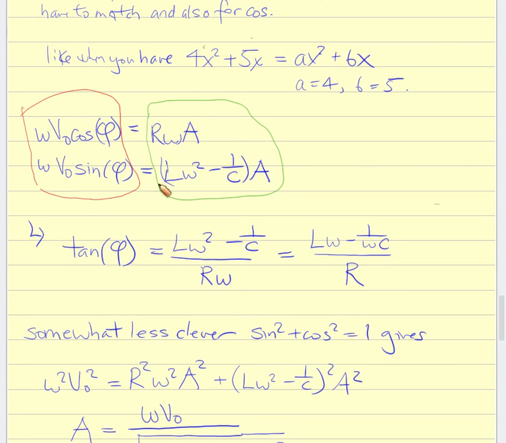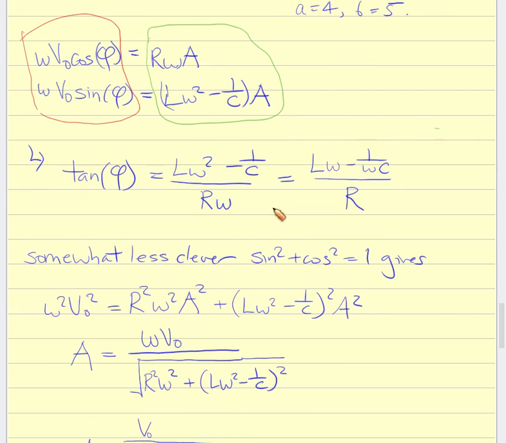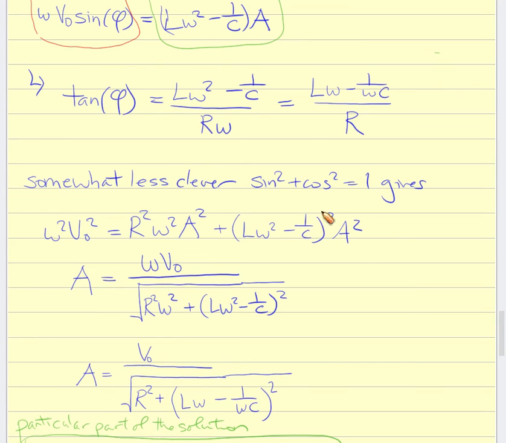So when we divide the second equation by the first equation, we're going to get a tan of phi. And with a little bit of jumbling, we get (L omega minus 1 over omega C) over R is the tan of phi.